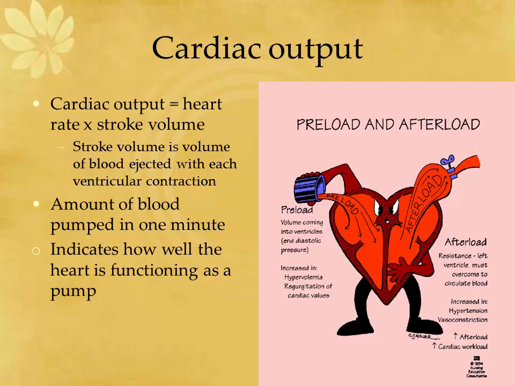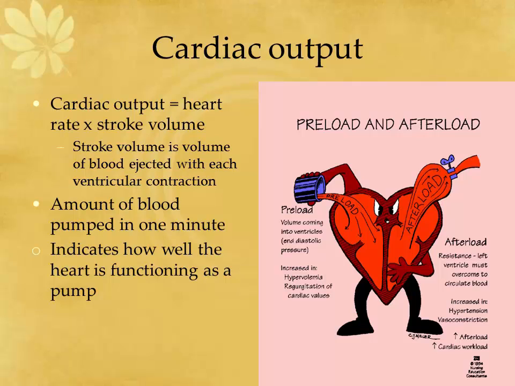So if the tricuspid valve isn't closing entirely, then every time the right ventricle contracts, a little bit of blood goes into the atrium. That mixes with the blood coming from the body into the right atrium, and now we have an increased preload. Or it could happen on the left side as well.